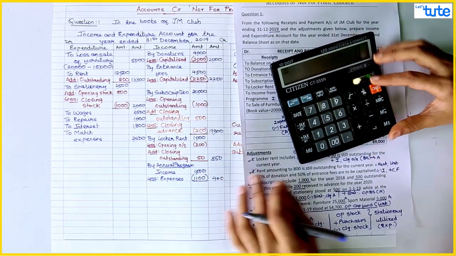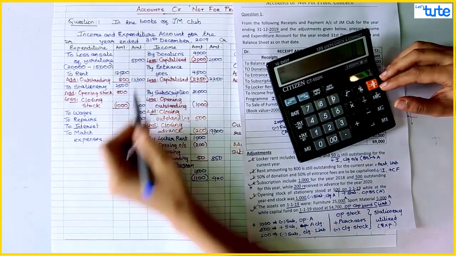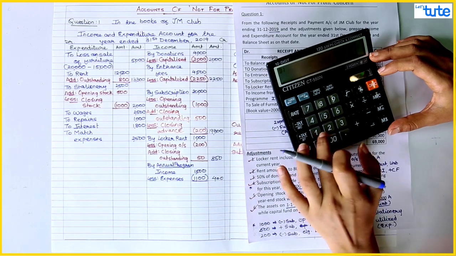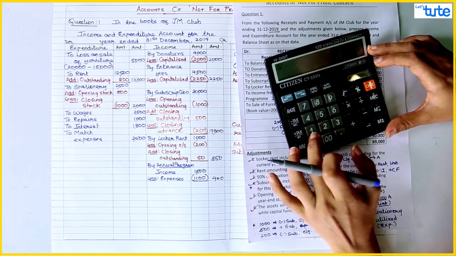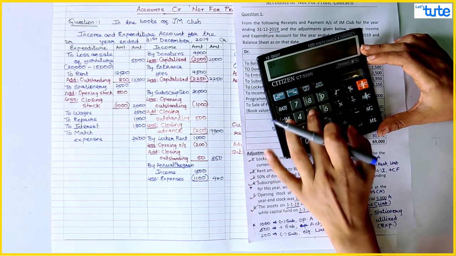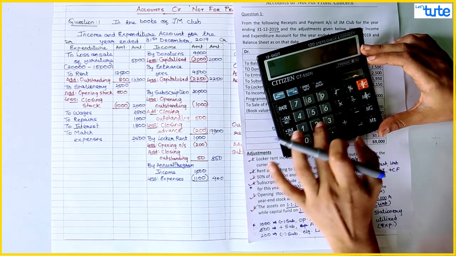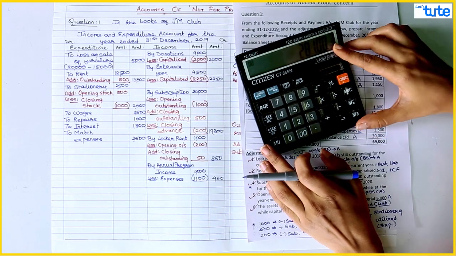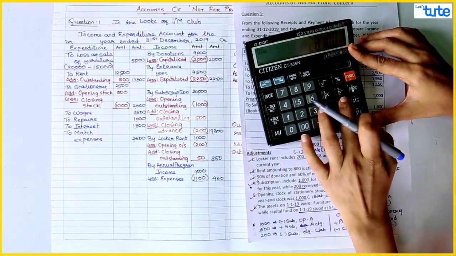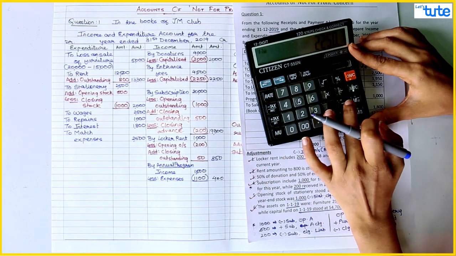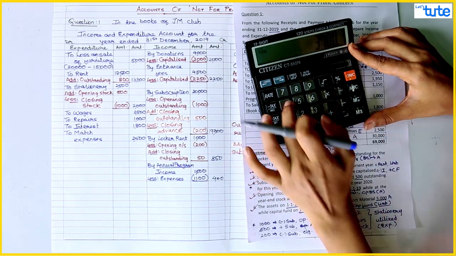So we'll start totaling our expenditure side because our expenditure seems to be more. 5,000 plus 13,300 plus 2,000 plus 2,500 plus 1,000 plus 1,800 plus 2,500. So that is 28,100 minus 2,000 minus 2,250 minus 19,300 minus 850 minus 400.